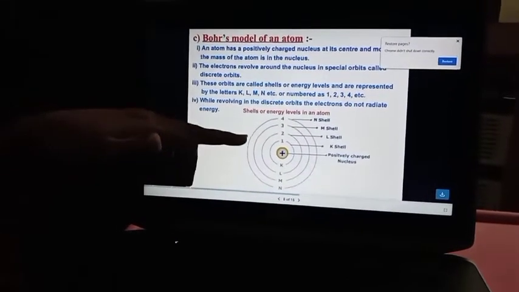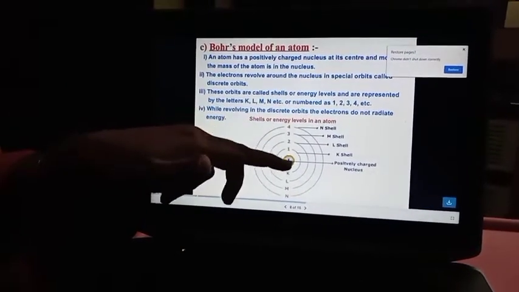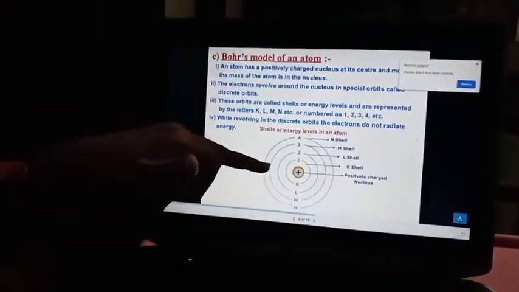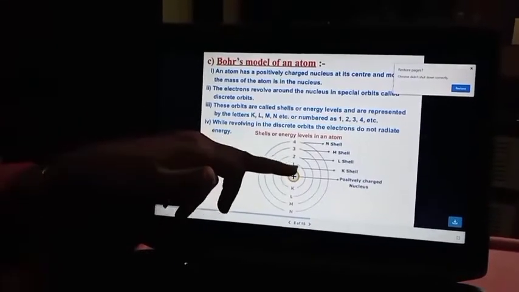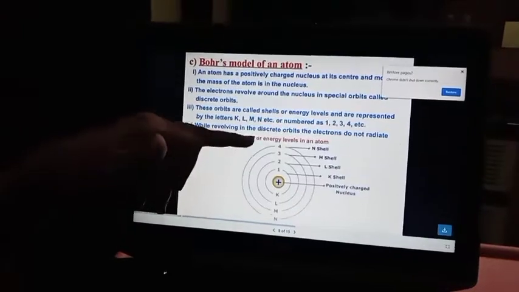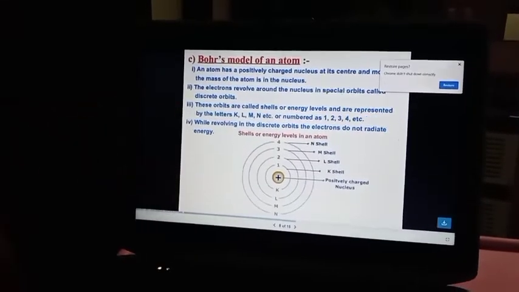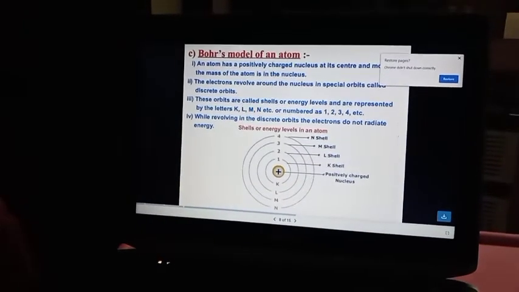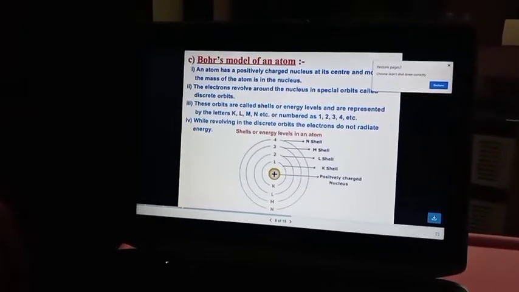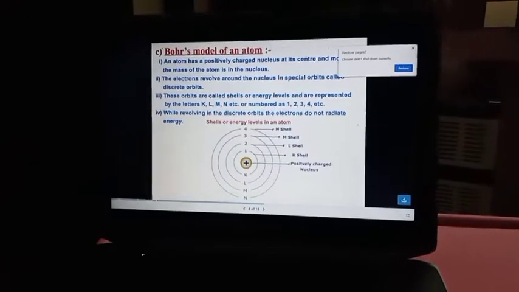Each orbit is represented by the number n: n equals 1, n equals 2, n equals 3, and n equals 4. So there is a positively charged nucleus in the center.